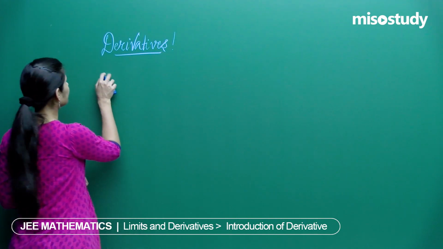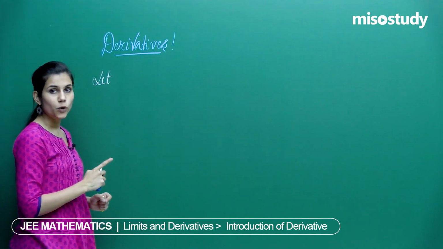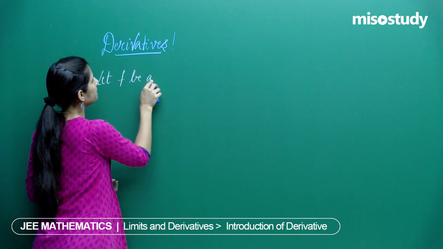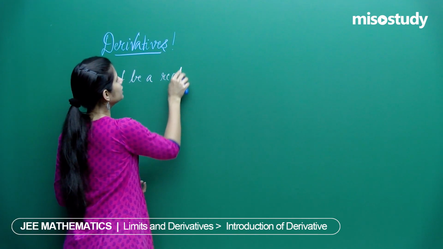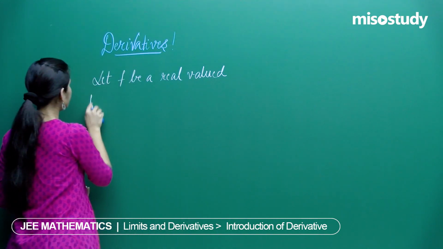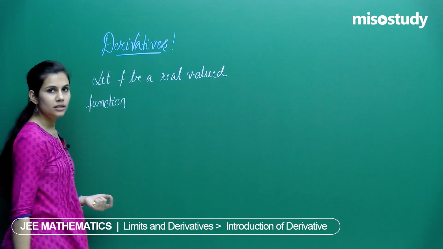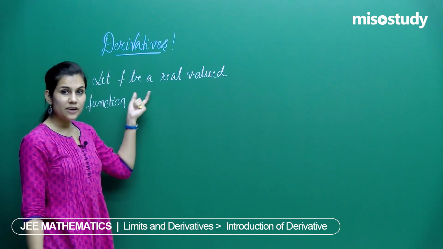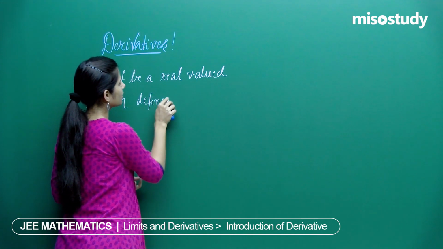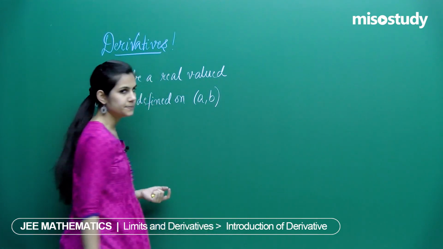So let's start. Firstly, it demands that let f, the function which is coming into the picture, be a real valued function defined on an open interval a comma b.